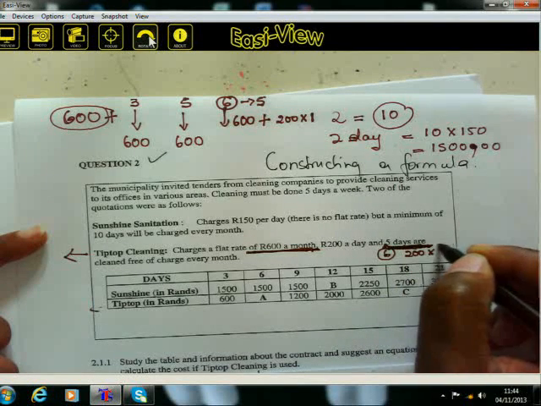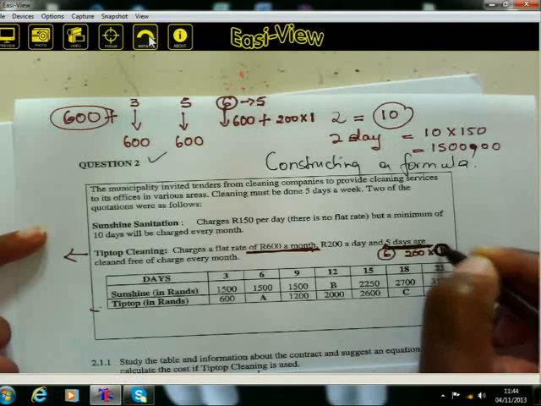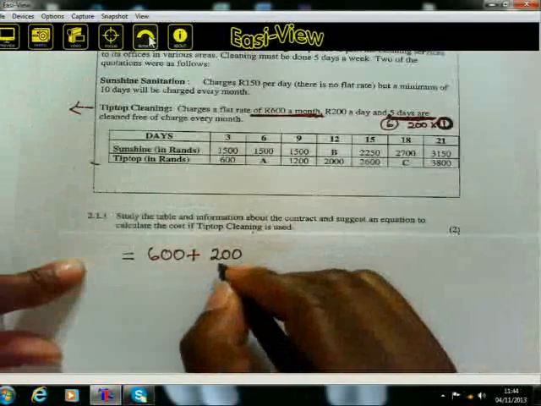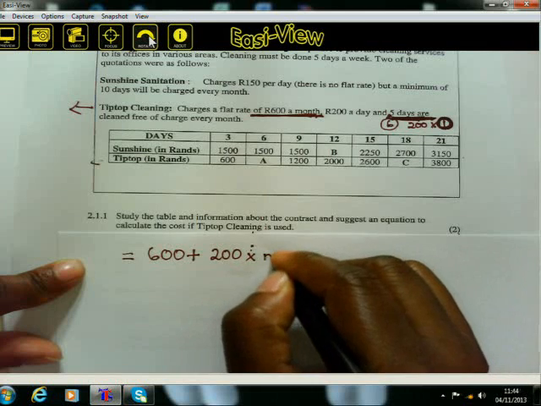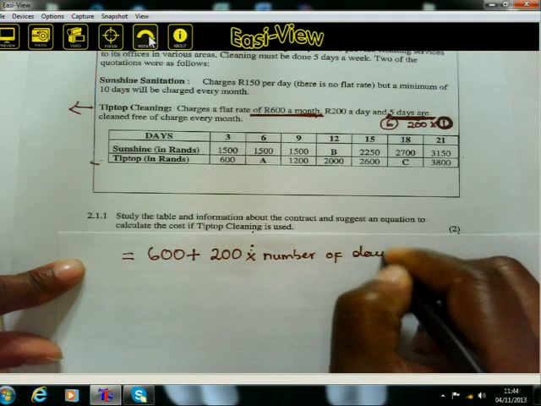So in order for us to get the number of days where the company is expected to pay, this 200 will be multiplied by the number of days.